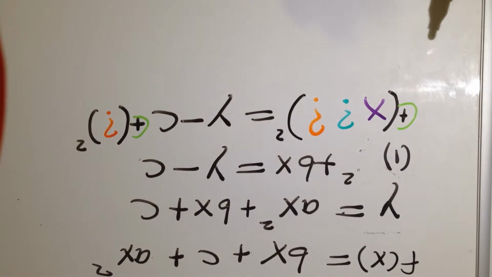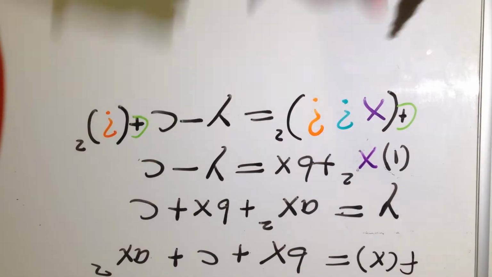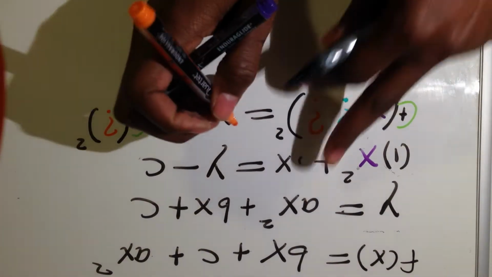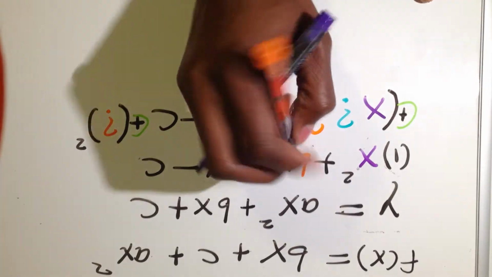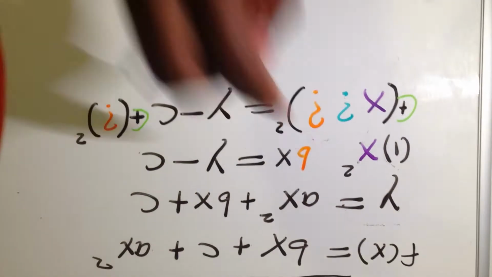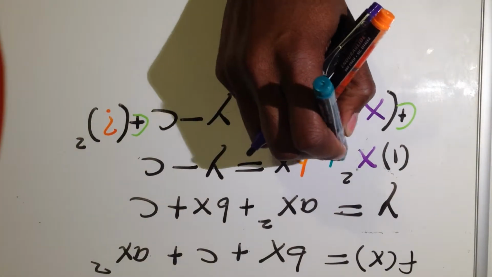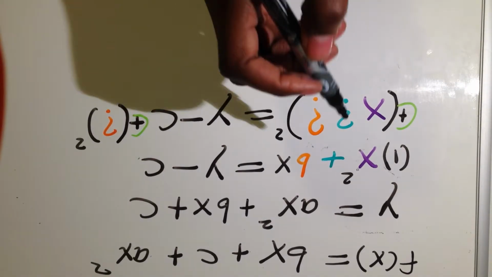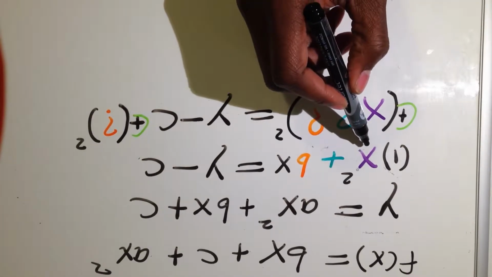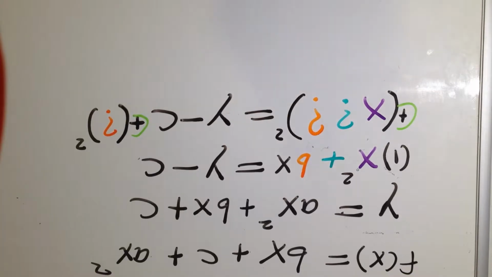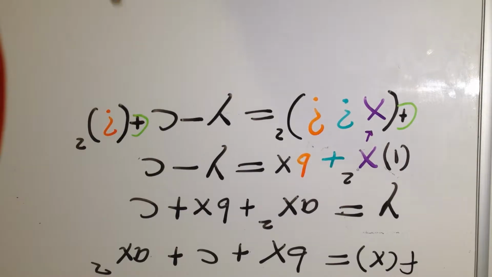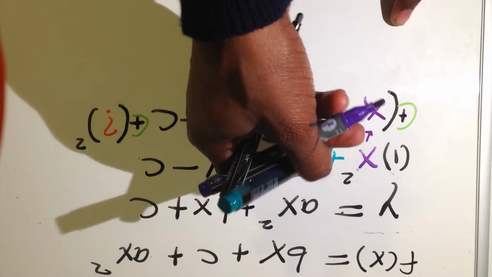You don't care about the square. What we only care about is the x. What we're going to do is copy what's here. The x will turn to x. That's our template. This will be plus.